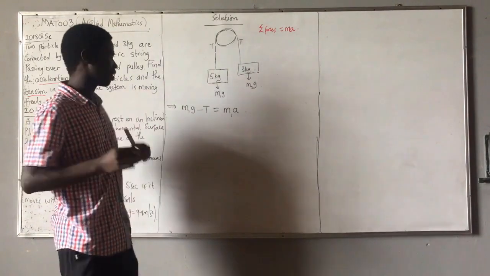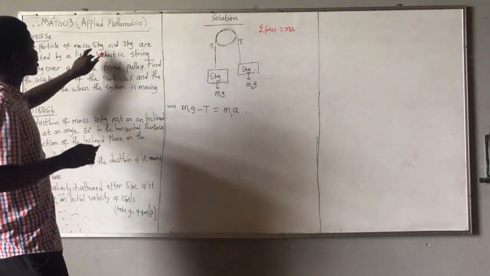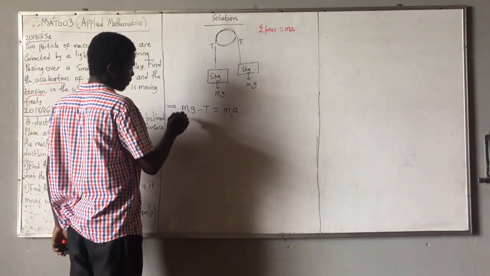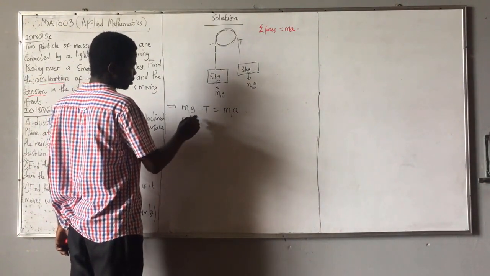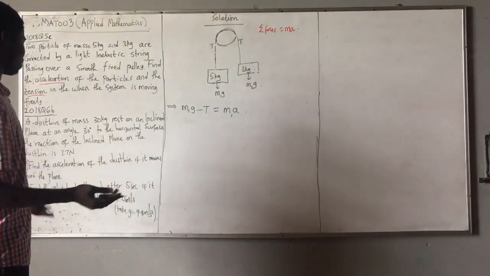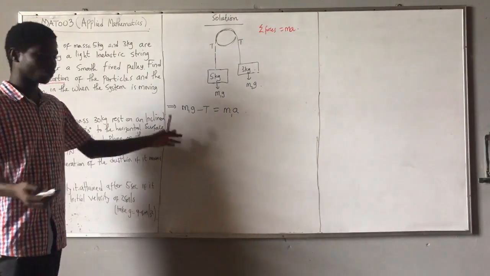My M is M1, which is 5. G is always 9.8.